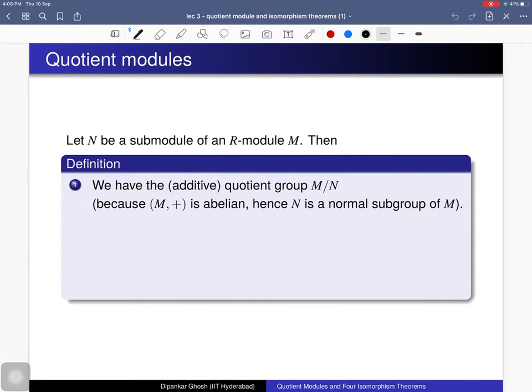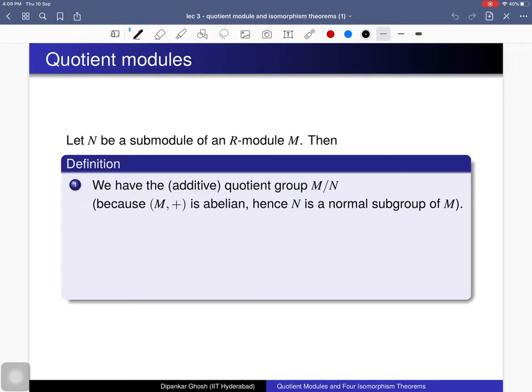Let M be an R module and N be a submodule of M. Then, we define the quotient module M mod N in this way. M with respect to addition is an abelian group. If you consider a submodule of M, then that is in particular an additive subgroup.